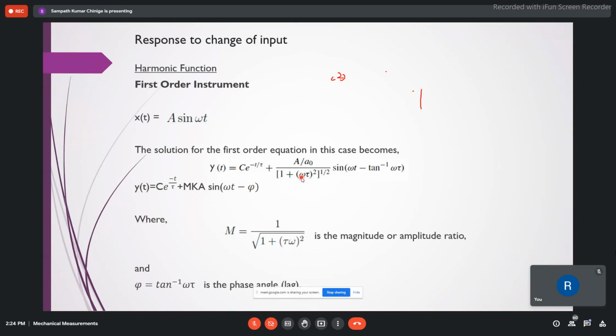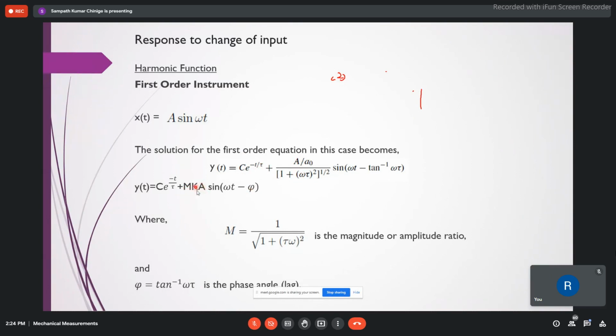It's a simple mathematical equation, no? M decreases. When your frequency is increasing, that means in 1 second the repetitions are pretty high, so your amplitude ratio M value will be reduced, and when M reduces, your amplitude also reduces. So instead of 1, if it is 0.5, your amplitude is reduced.